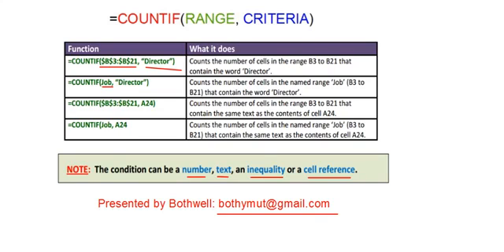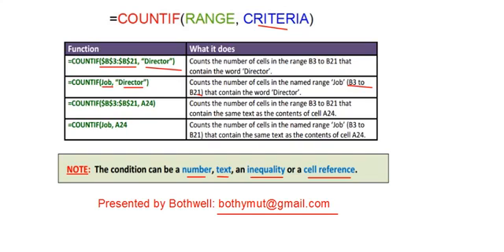So in this case, we are saying it counts the number of cells in the named range job, and our named range is B3 to B21, that contains the word director, and basically our criteria is still taking the form of text. It's also possible to use a number there. You can replace that with a number depending on the condition that you're working with, right?